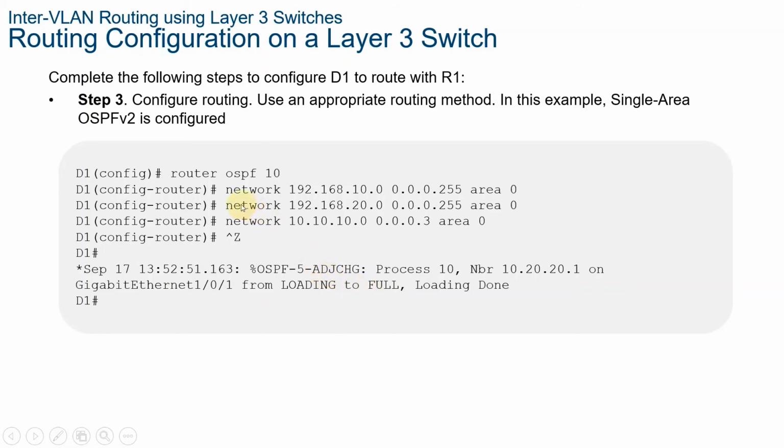To configure OSPF on D1, the command would be router ospf 10, then network for the directly connected networks on D1, all in area 0. The configuration of OSPF is not part of this course, but if you continue the coverage, you will have the OSPF configuration for this course.